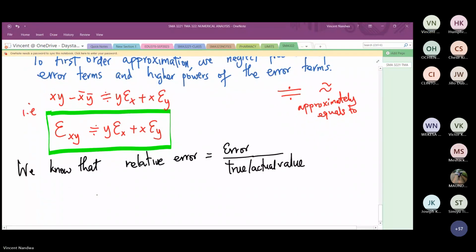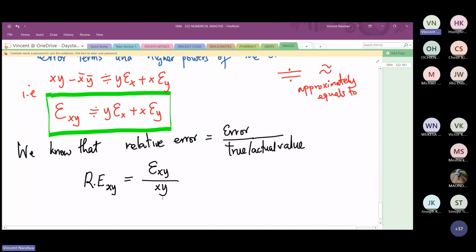So the relative error in the product of x and y will be written as the error in the product x and y over the exact product xy. And then from what we have found in this equation, where there is error in the product x and y, we can put y error in x plus x error in y. Then we divide everything by xy.